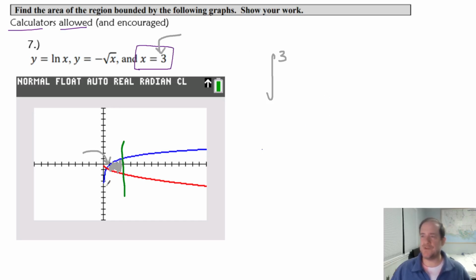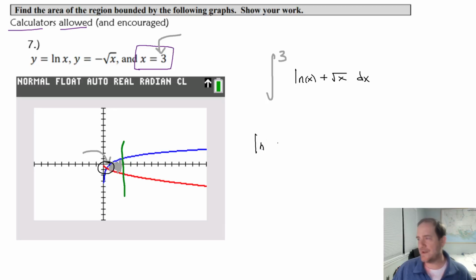And I also can see clear as a daisy, clear as a bell, that the ln function is the greater function and the radical function is the lesser function. So my radicand definitely wants to be ln of x first and then minus the negative root x, so just plus root x will suffice. That's a dx.